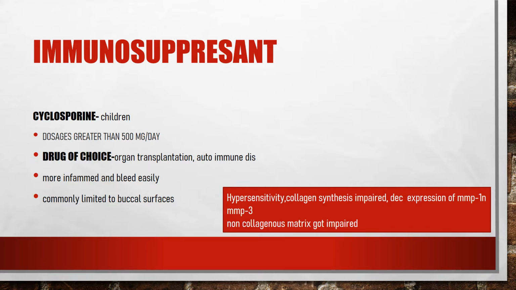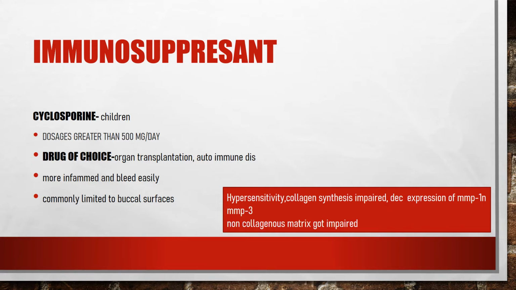Next come the immunosuppressants. Under that, cyclosporin is the main drug causing gingival enlargement. It is mainly seen in children and in patients with dosages greater than 500 milligrams per day. It is the main drug of choice for organ transplantation and autoimmune diseases. It is seen as more inflamed and bleeding easily, and commonly it is limited to the buccal surfaces.